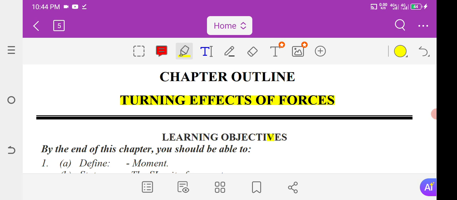A force can cause a body to change its shape. Forces have numerous effects, and one of them is called the turning effect of forces. That's the topic of the day.